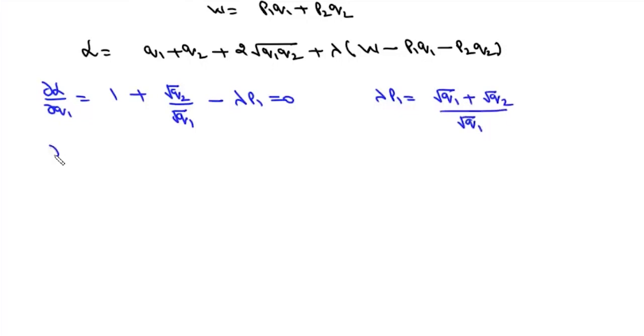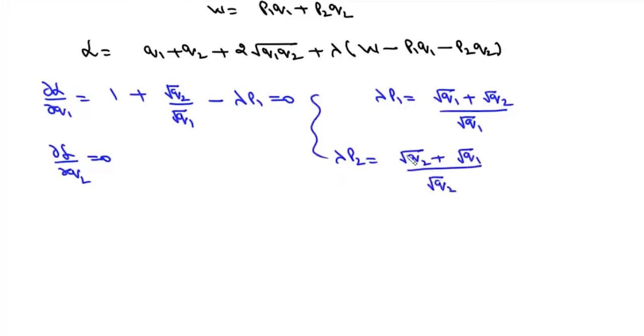Now from symmetry, if we find del L by del Q2 and put it equal to 0, we'll get lambda P2 as under root of Q2 plus under root Q1 upon under root Q2. Now if we divide first with second, we can write P1 upon P2 will be equal to under root of Q2 upon Q1, and this is our first equation.